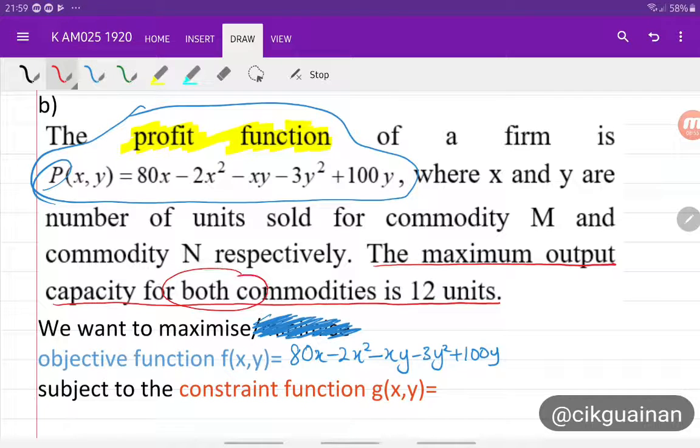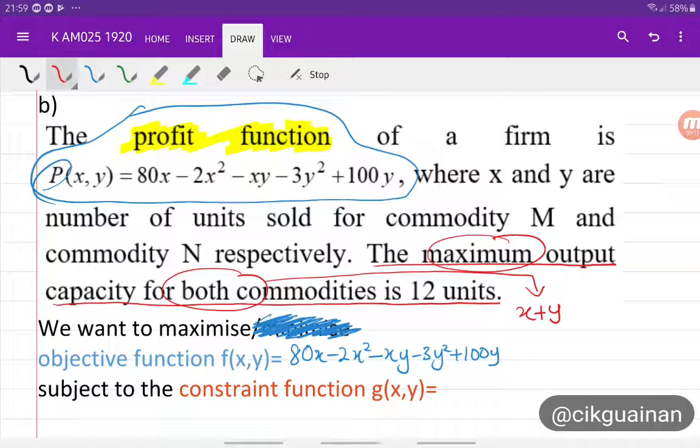Both commodities means the sum, the sum of both commodities, x plus y. And it says the maximum must be 12.